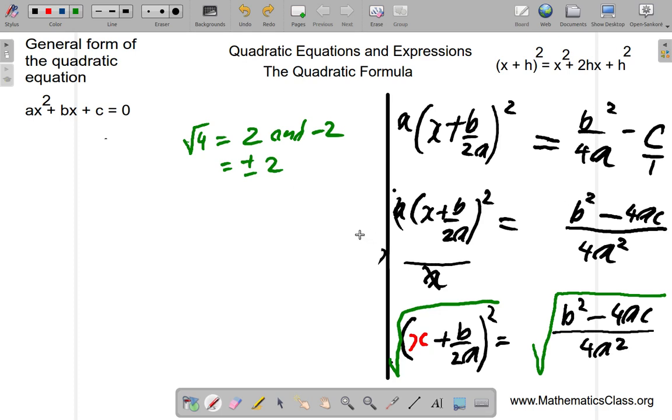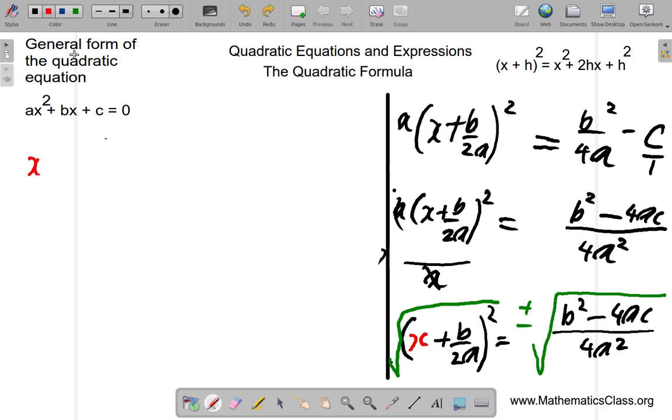That happens with any other number. So the square root of this is positive and negative. Alright? It's positive and negative that. So what we're going to do is say the square root of any number squared is the number itself. You square a number and find the square root, you get back the number untouched.